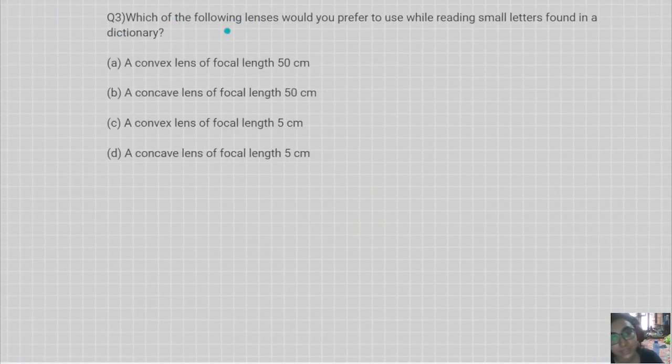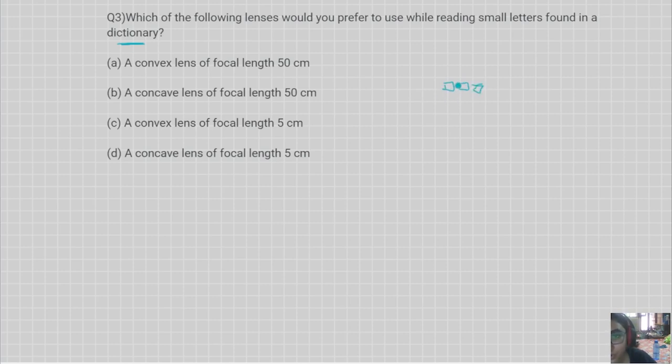The next question asks us, which of the following lenses would you prefer to use while reading small letters found in a dictionary? Okay. So when we are saying small letters in a dictionary, it means it is placed very close to our eyes, right? So the letters are very, very small.